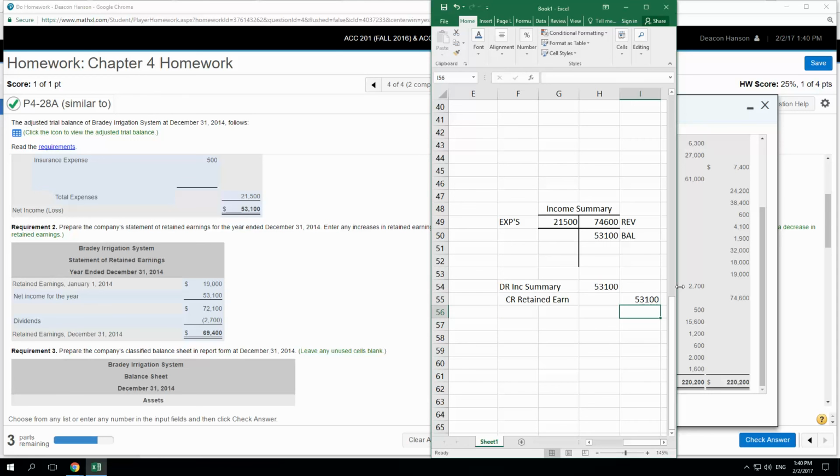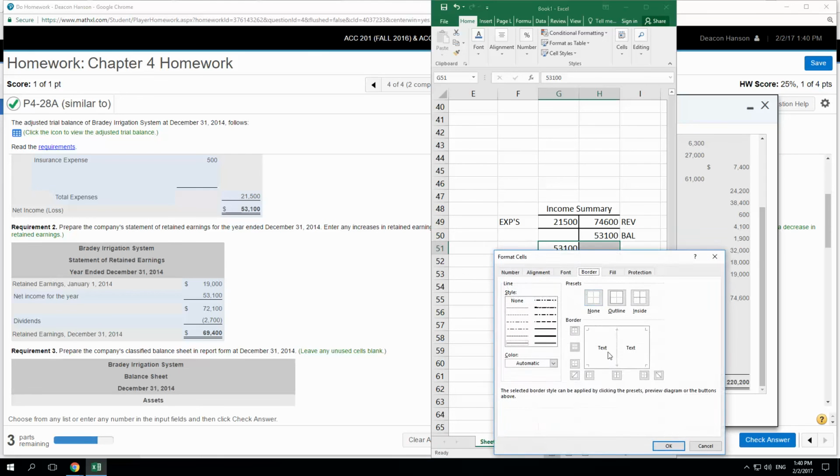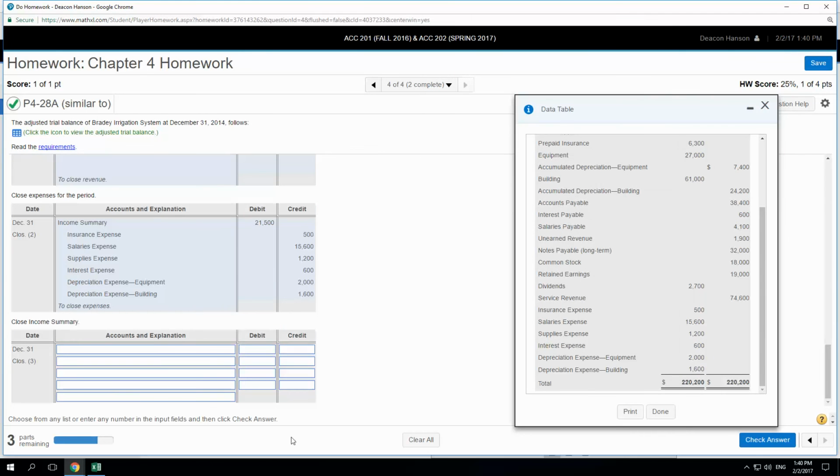So that's the entry. And when we post that 53,100 debit here, our new balance will be 0. Our income summary account's balance will end up being 0 when we post that entry. Okay, so I'm going to go ahead and make that entry I showed you in Excel there.